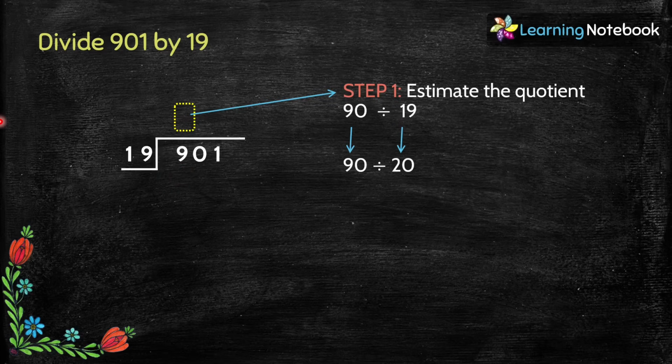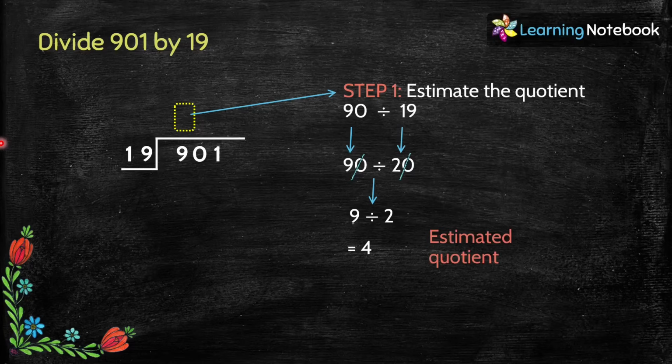90 rounds off to 90 only, and 19 rounds off to 20. Cancel 0 by 0. So we have to divide 9 by 2. On dividing, we get the quotient as 4, which is our estimated quotient. So to find the actual quotient, let's multiply 19 by this estimated quotient 4.